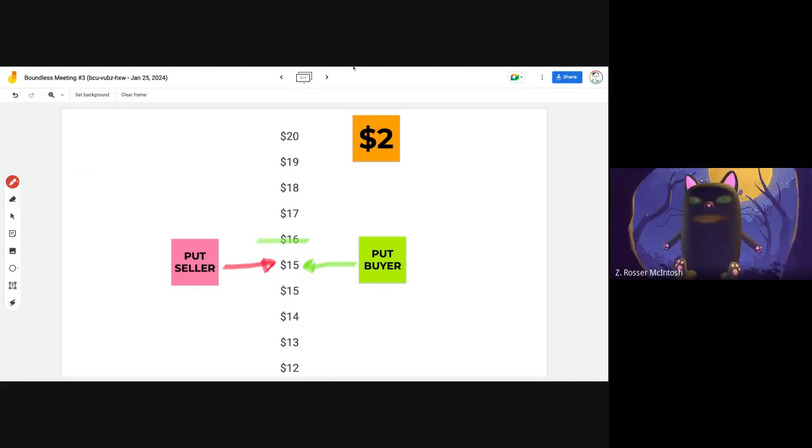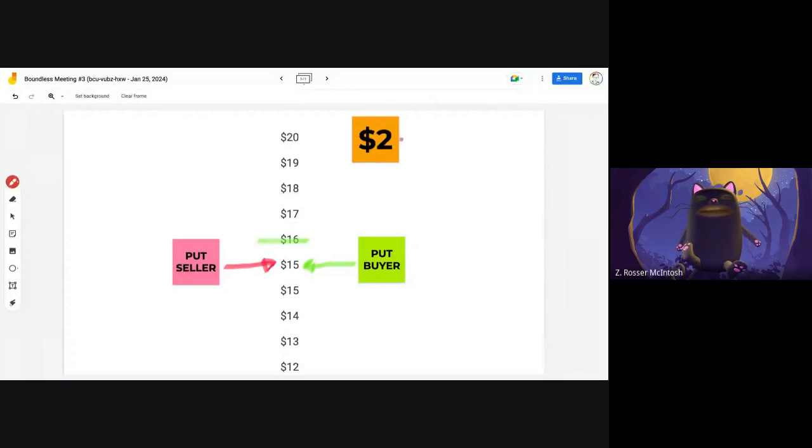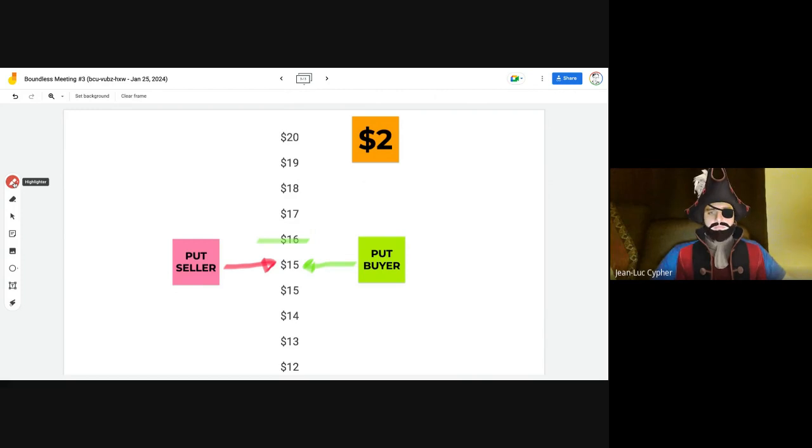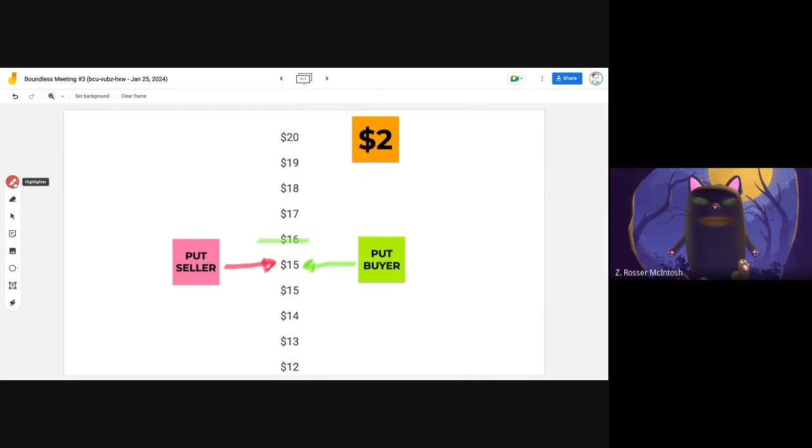So let's say the stock's trading here at 16. And let's even say, for example, that I already own some of the stock. I want the stock to go up.